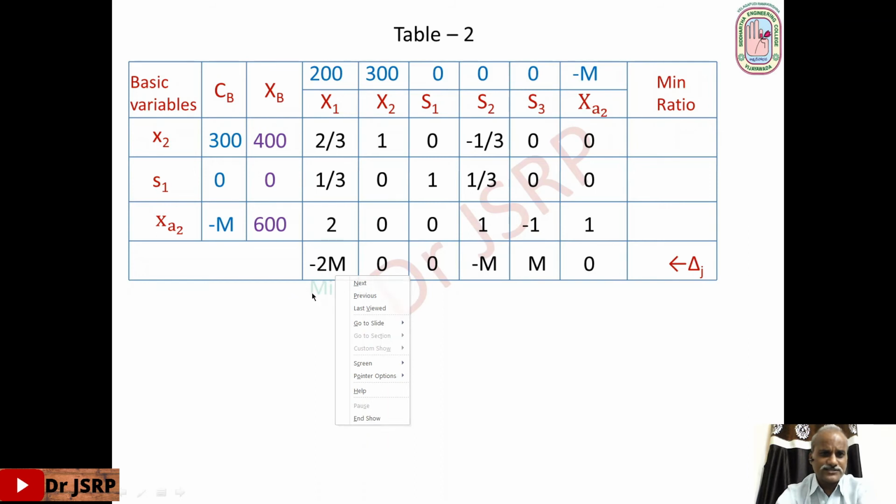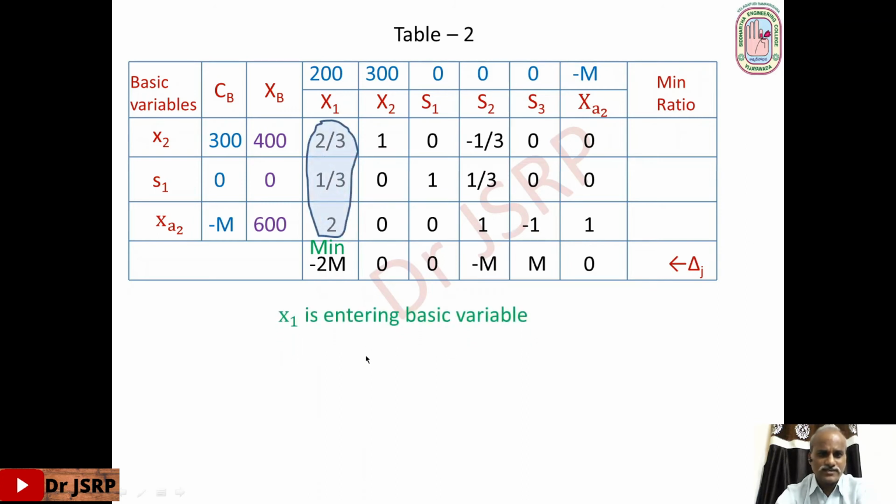This corresponds to the x1 variable. So x1 is the entering basic variable. Circle it. Now observe the unbounded solution condition. Here all entries in the pivot column are not less than or equal to 0. So the problem has no unbounded solution.